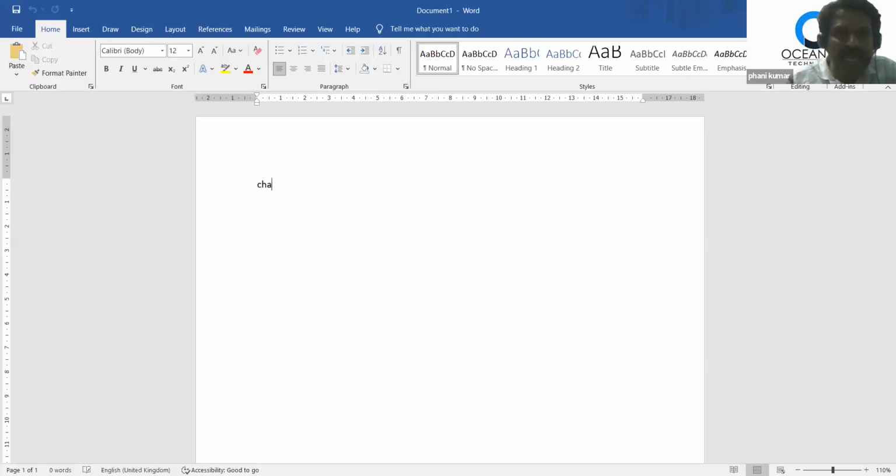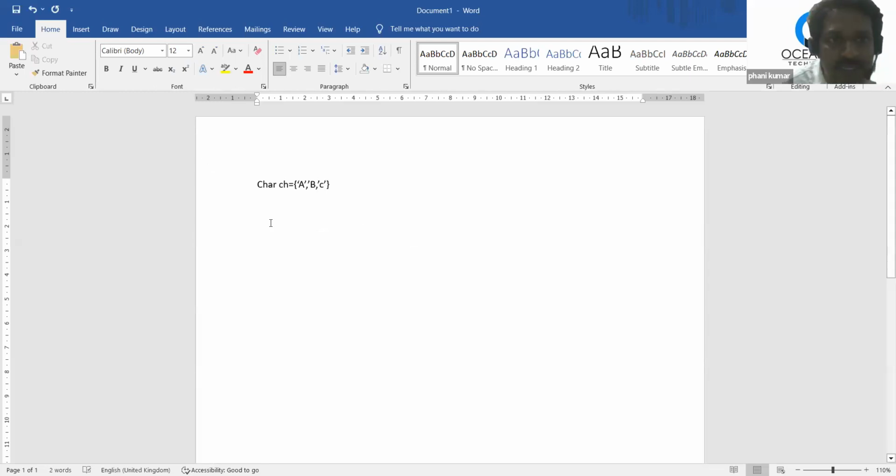I am defining a character array: char ch equal to, some characters, A, comma B, comma C. So 3 characters. This is the character array.